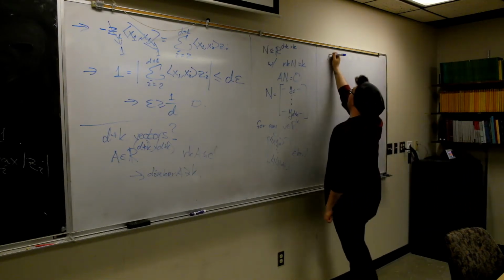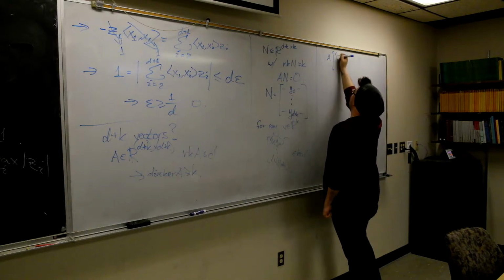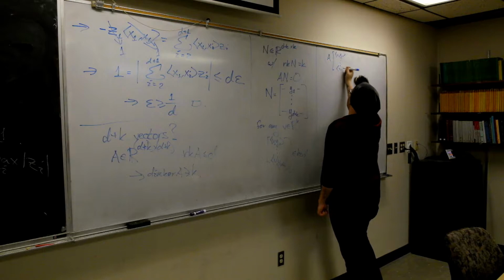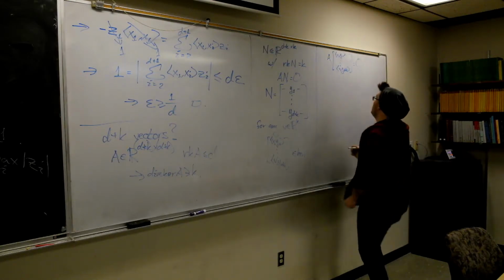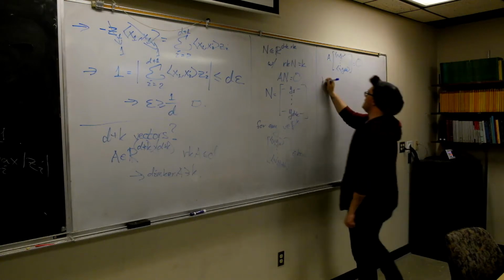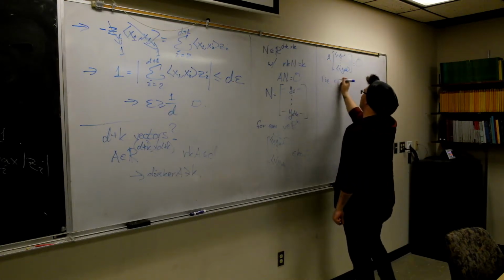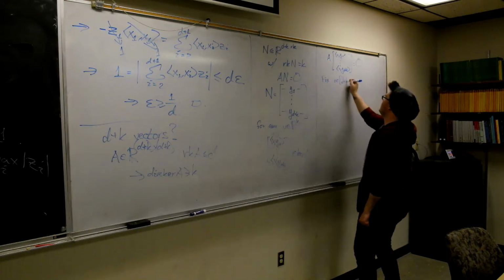So by the same argument, I know that A times the vector of inner products of v with y1 through y_{d+k} is 0. So let's fix your favorite i, fix some i in bracket d plus k.